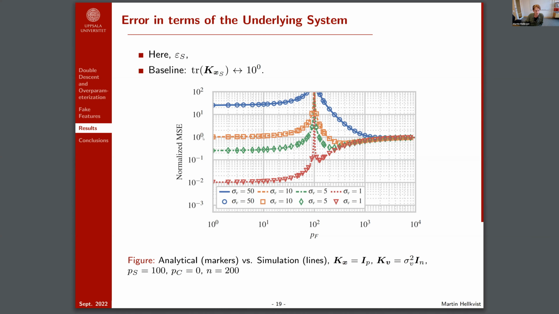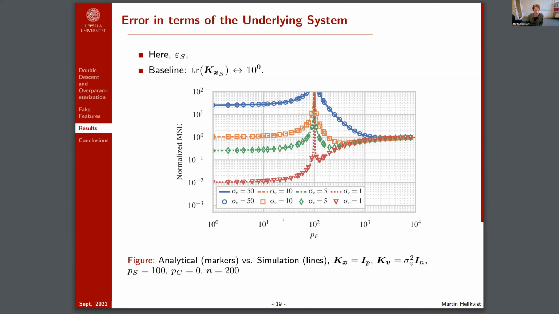So the baseline now is at 10 to the power 0. And on the x-axis, we have the number of fake features again. We have plotted the setting here for 4 different noise levels, sigma v. And the number of included underlying features, PS, is 100. We don't have any missing features, and the number of samples is 200.